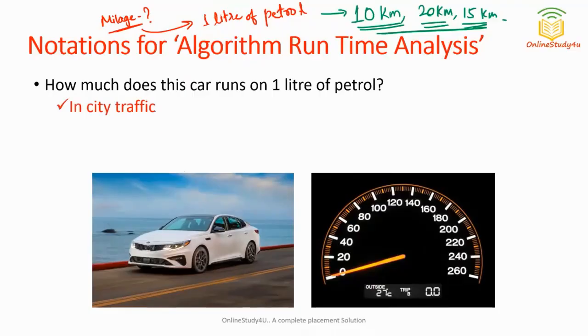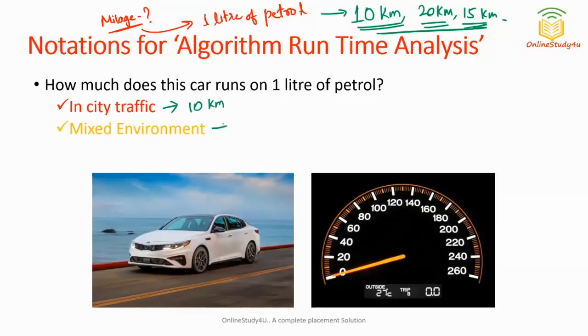Suppose it is running in city traffic. Here it has to face more struggle in running, the engine has to work more, so it will utilize more petrol. So here it can run 10 kilometers only. Now suppose we have a mixed environment, meaning at some point we are free to run like on a highway and at some point we are crossing through cities.